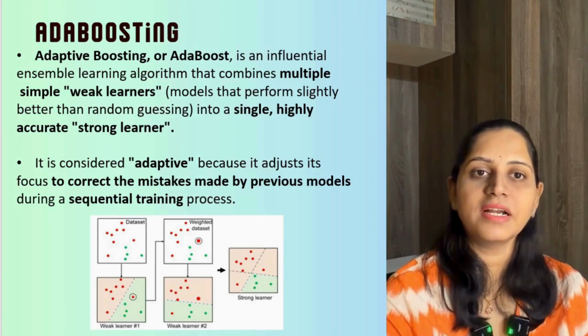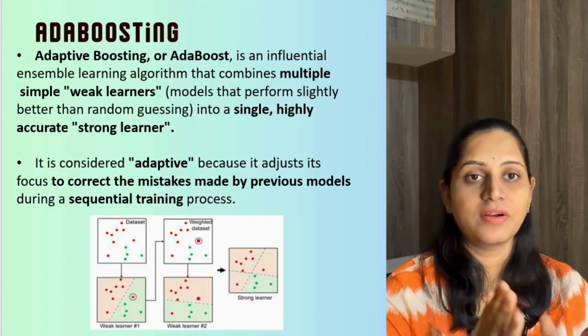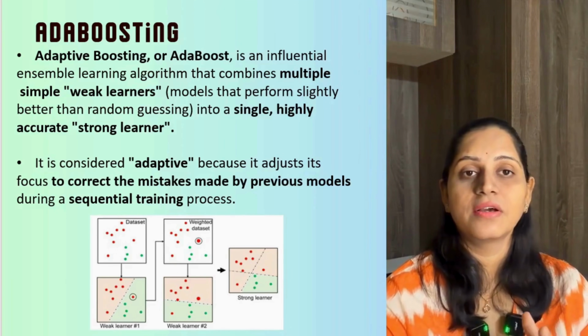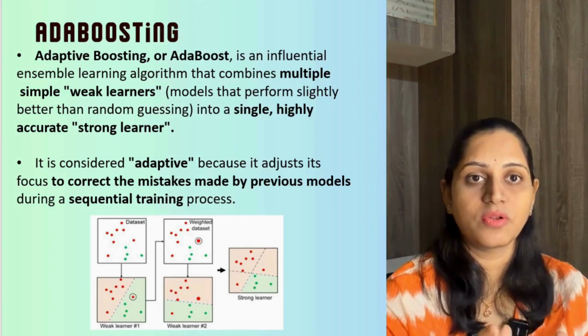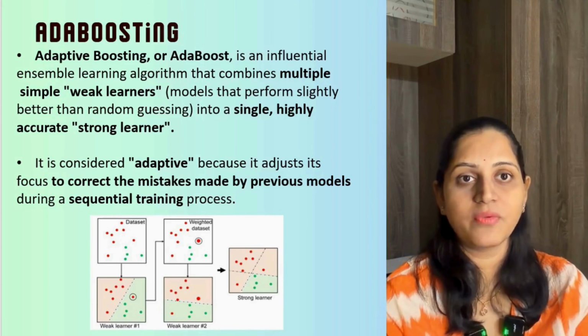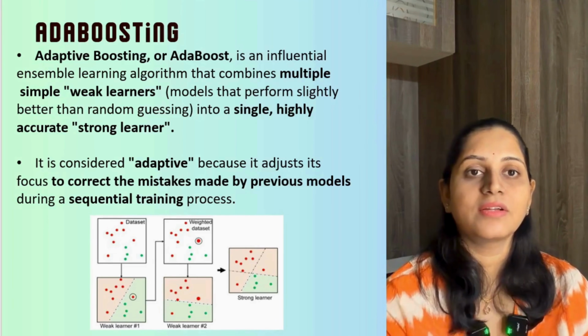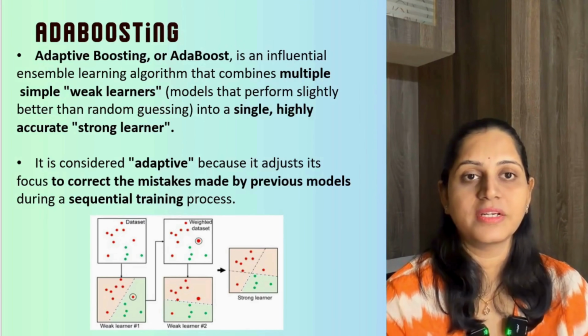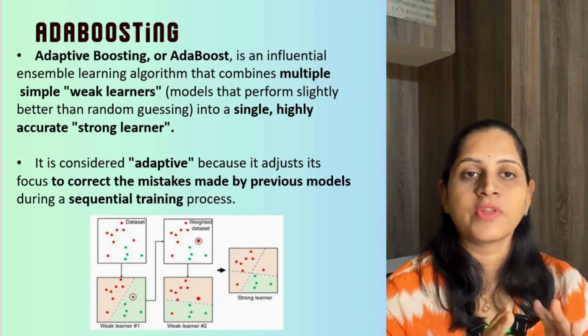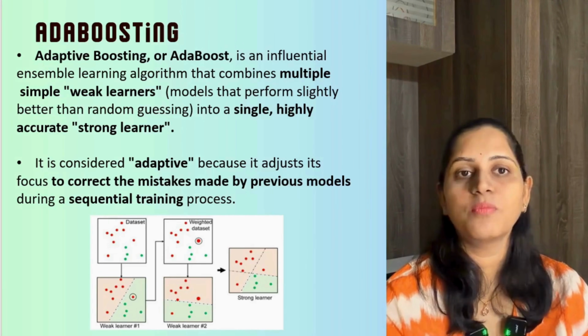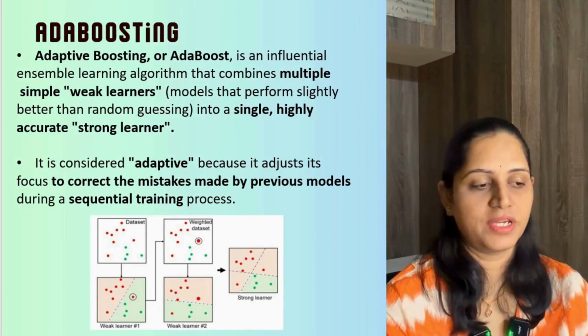After that, it's going to take the weighted voting, whatever the final weights it gets, and finalize the strong learner out of it. So that's the overall point of view of adaptive boosting.